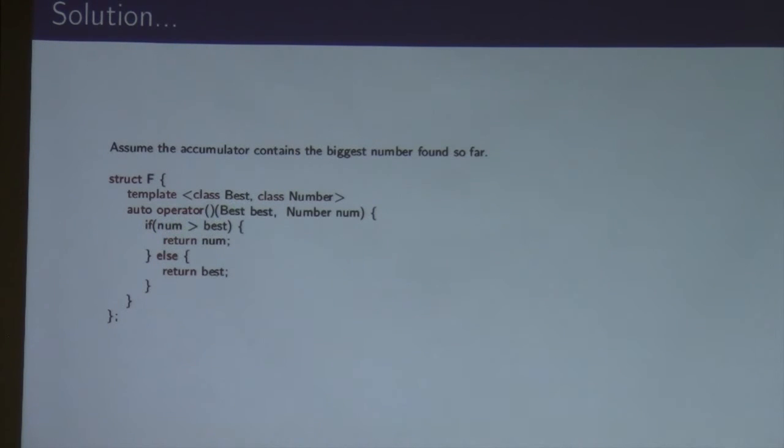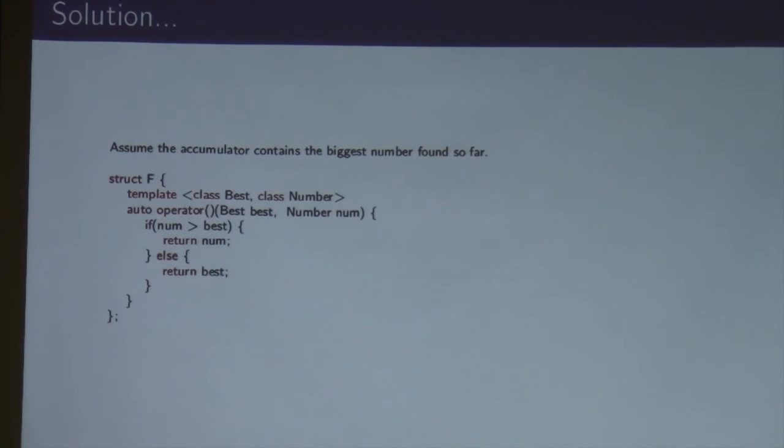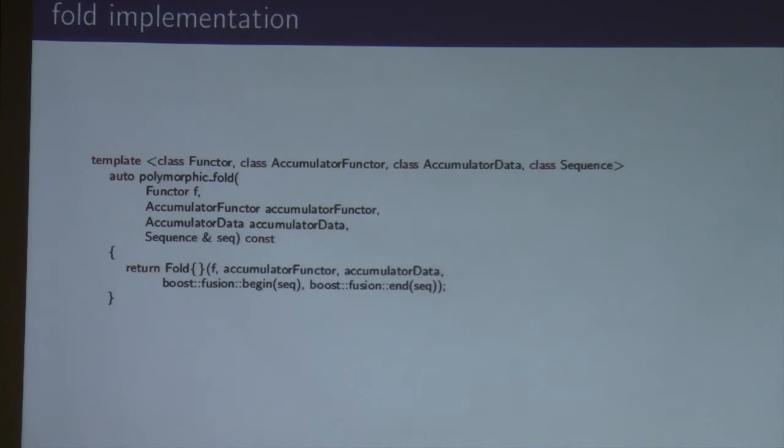The problem is that in C++ one function cannot return values of different types. So we would like to bypass this problem somehow. In order to resolve this problem, we are going to introduce a slightly modified fold. It is called polymorphic fold.